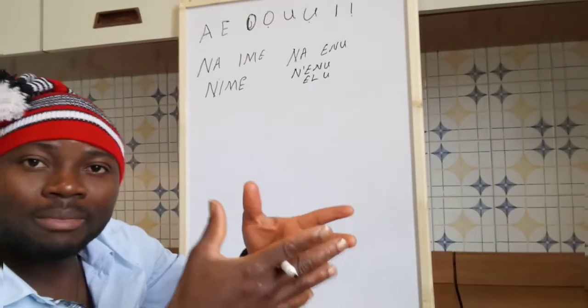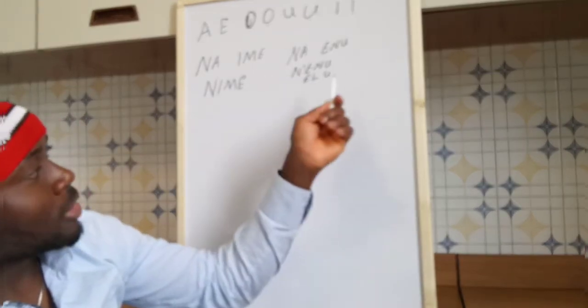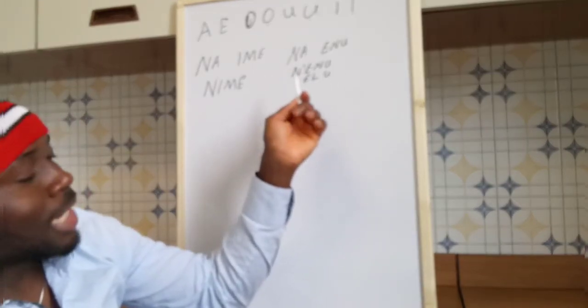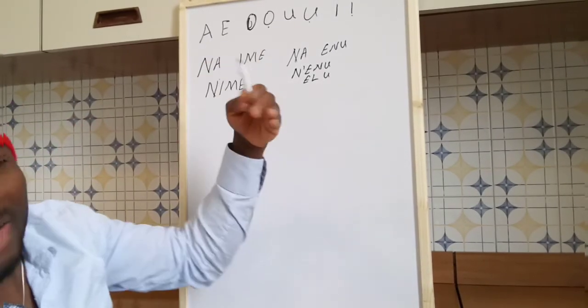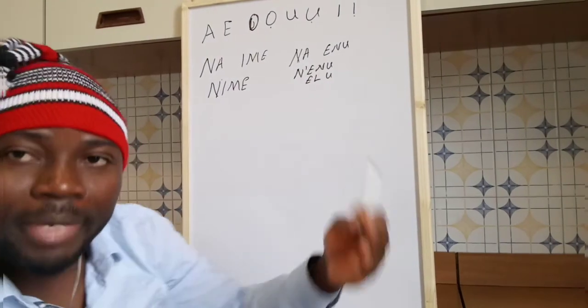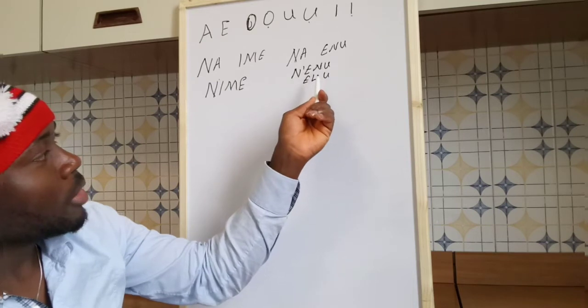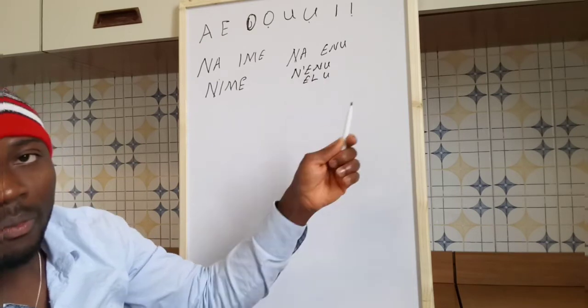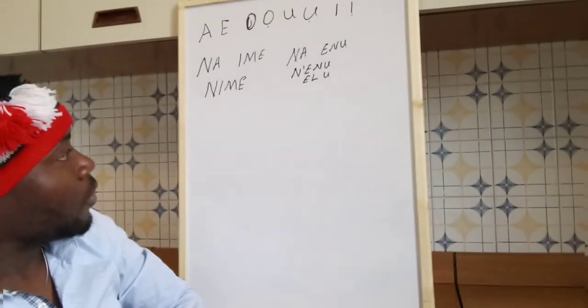Whereas they mean the same thing. So I have to let you know, these are two words that mean the same thing. They are pronounced and written in different forms, but they mean the same thing. So nenu is the same thing as nelu.